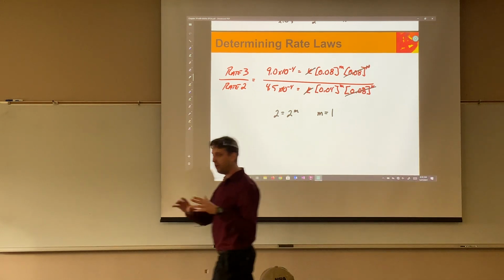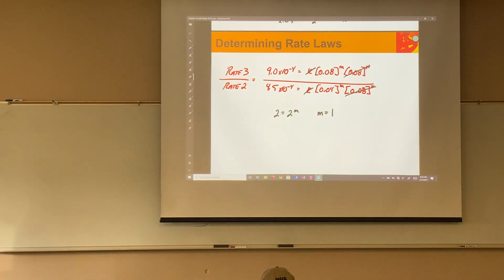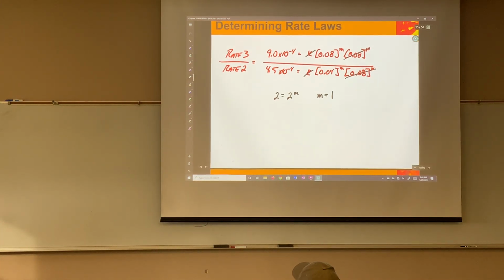Cool, so what does this all tell us? Remember, what the question is going to ask is, what is the rate expression for this equation? So overall, we would say the rate is equal to K times the concentration of A to the 1, times the concentration of hydroxide to the 1.